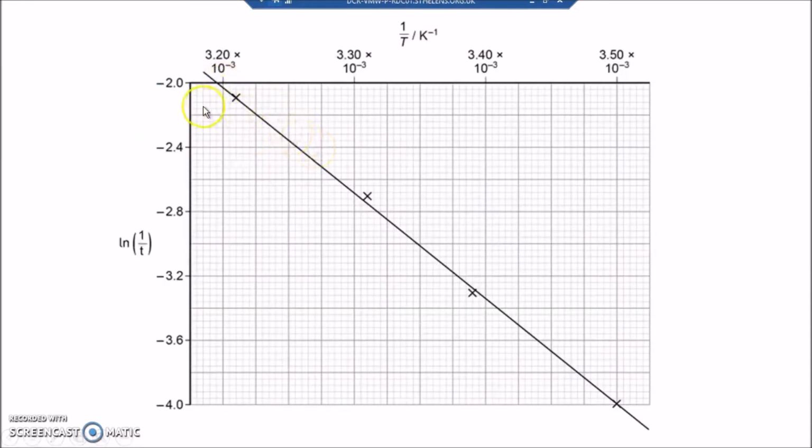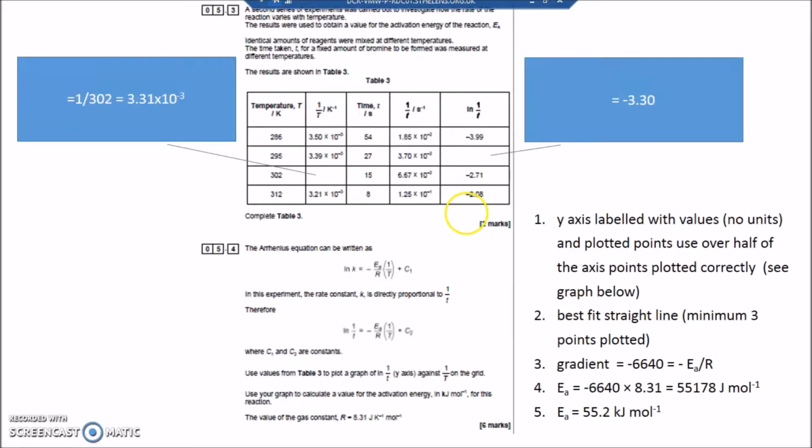You get a straight line graph where you've got natural log of 1 over time, and 1 over temperature along the x-axis. As long as you use at least half the graph paper, plot the points correctly and put a line of best fit, you'll get 3 marks for the graph, and 2 marks just for filling out the table. So where are the other marks from then? You need to work out activation energy.